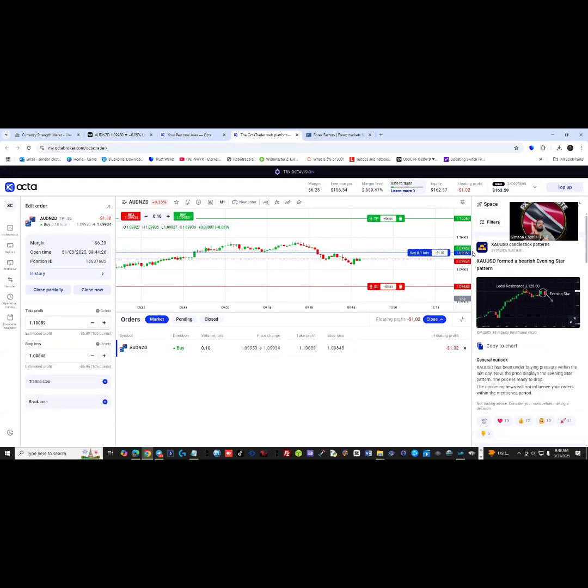We're risking $5 of that money to make possibly the target of $6. This is 10 pips on the AUD NZD, right? And the broker does the calculations for us, so that really helps us out in understanding the pips and the amount, most importantly, with this particular broker.